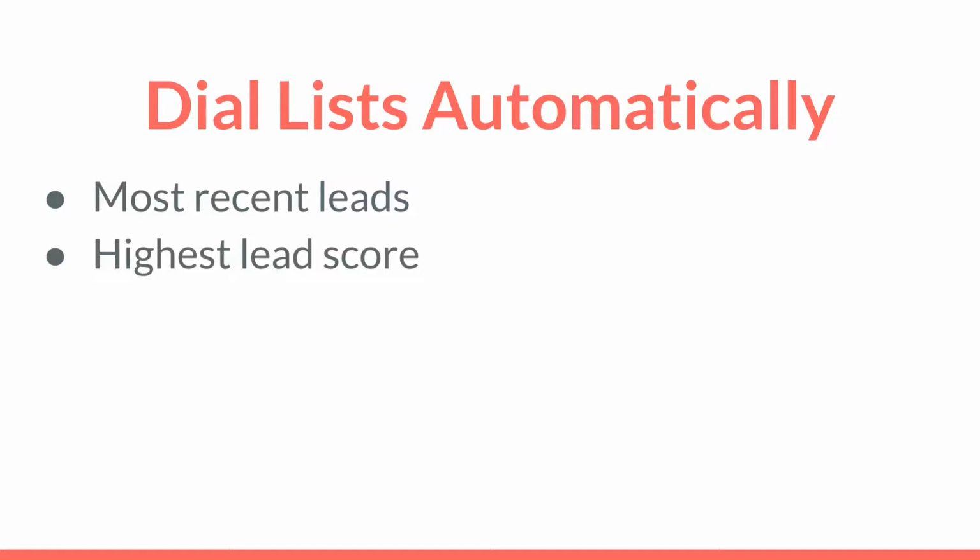You could lead score people based on whether they say they have a lot of website traffic in their quiz, or a huge budget for Facebook ads, or maybe they're opening a lot of your emails. Whatever CRM you're using, you should be able to lead score and build a list based off of that. Another option is to just dial everybody at random, and that works too. But the point is you need to get through a lot of your dials.